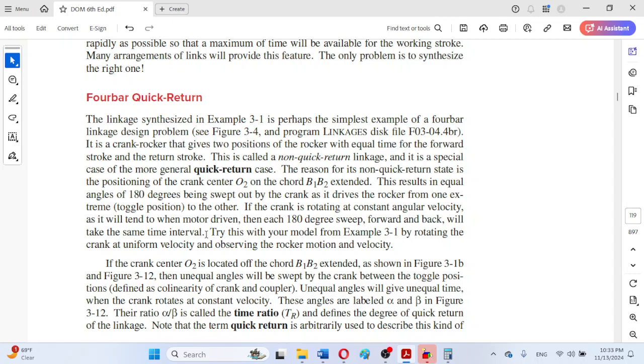It has been stated in the video that the crank will be moving with constant angular velocity, and the rocker will also be moving with constant angular velocity in the forward and back stroke.